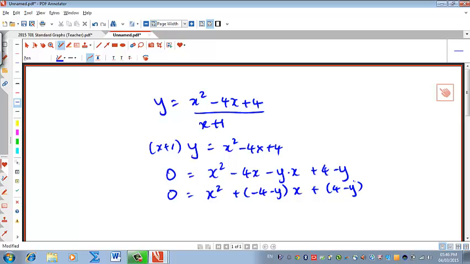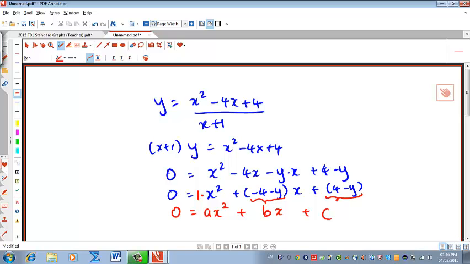From here, you can see that the equation has been changed to a form that you are familiar with. From O level, you have seen quadratic equations like this before. In this case, C is 4 minus y, B is negative 4 minus y, and A is equal to 1.